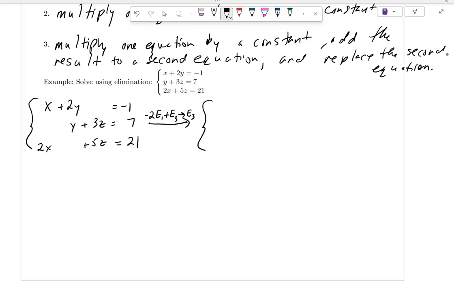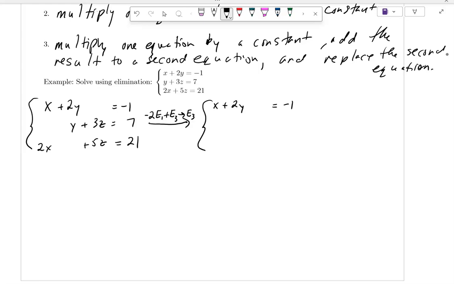E1, E2, E3 refers to equation 1, equation 2, equation 3. Why did I choose negative 2? Because I want to make the positive 2 go away, right? Notice I'm working off the thing that has a coefficient of 1 here, by the way. As I said before, this does not change the first equation. It's just used as an intermediate step.